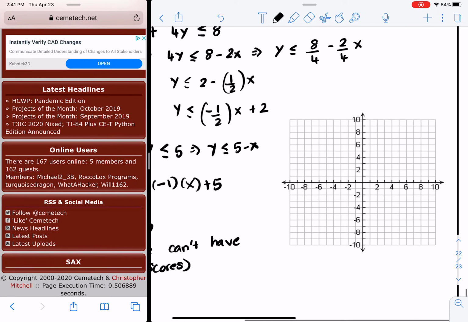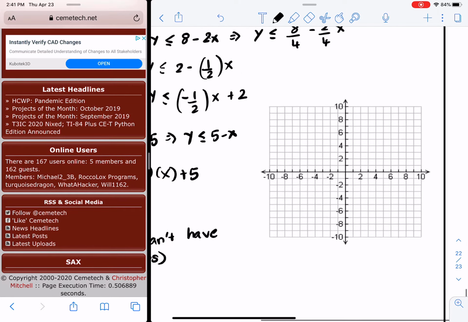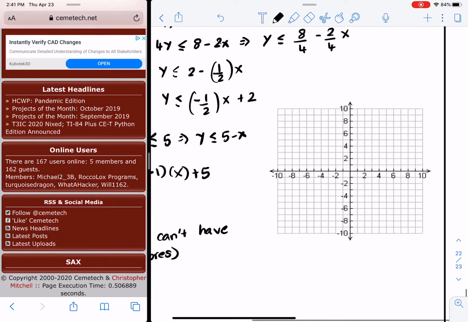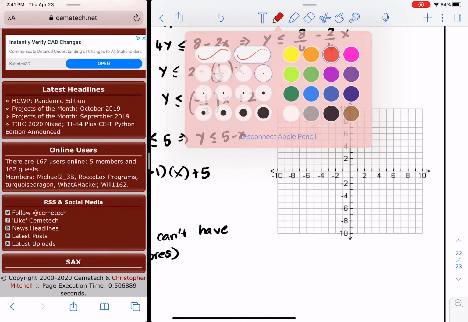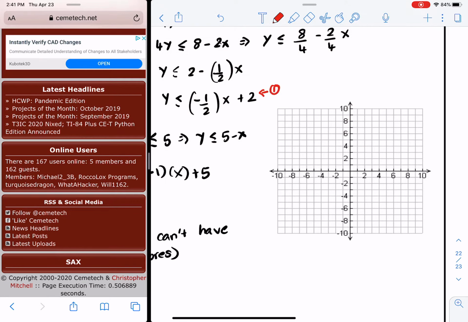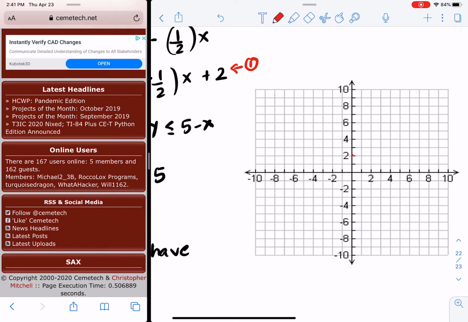So that said, I'm going to go for the first constraint, which is right over here. So the y-intercept is 2, and the x-intercept would be 4, and it is a solid line.